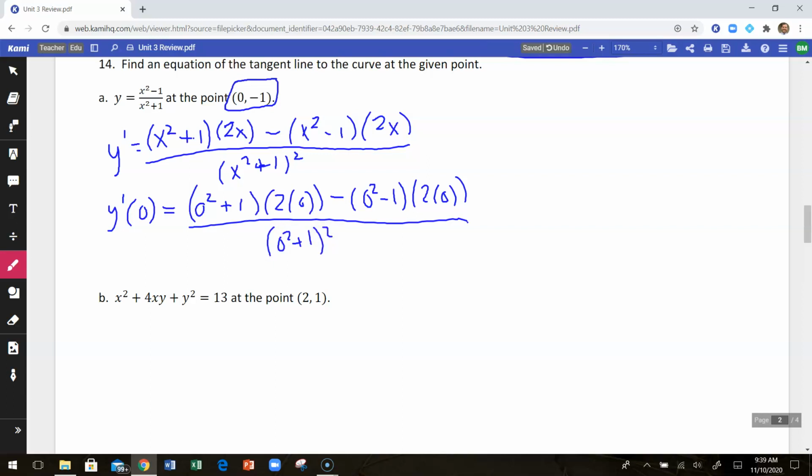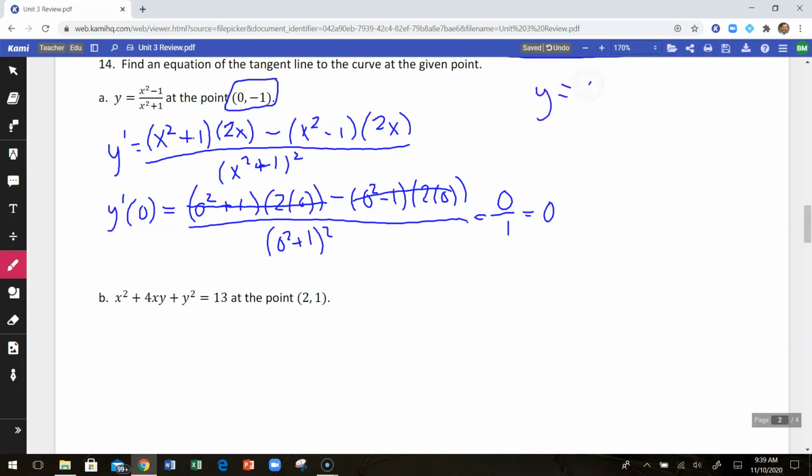Well, your top, we basically have 1 times 0, so that's going to be 0, minus -1 times 0. So again, that's going to be 0. So I'm going to have 0 on top, and on bottom we have 0 squared plus 1, and then squared, so that's going to be 1 squared, which is 1. So we get 0 over 1, which is 0. Alright, so our slope is 0.